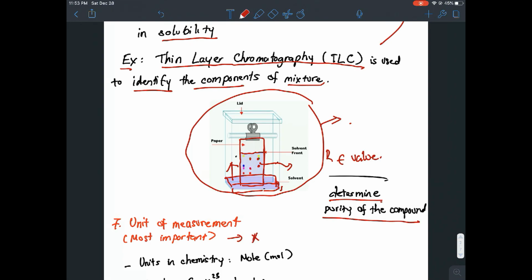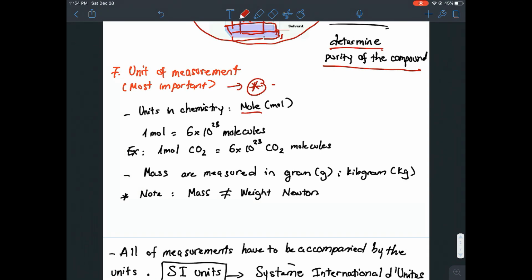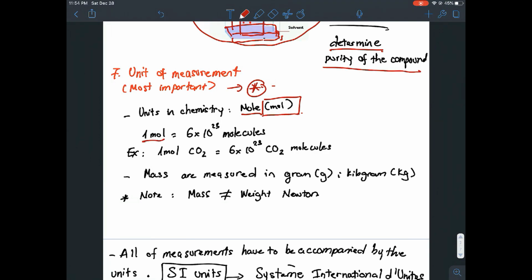Okay, we talk about the unit in chemistry that we usually use, which is the mole. We usually have the abbreviation mol. What is the mole? The mole is the number of molecules. 1 mole is equal to 6 times 10 to the power 23 of the molecules.